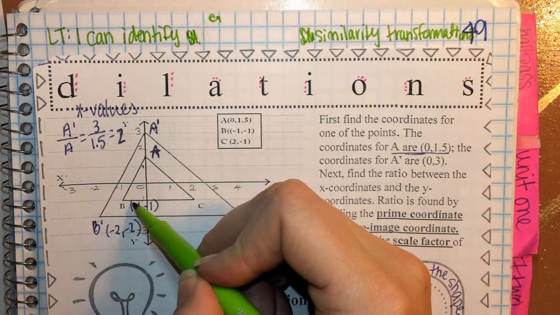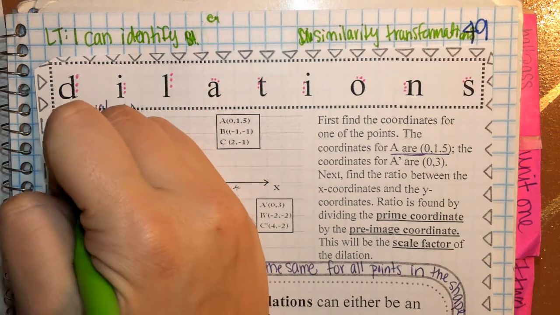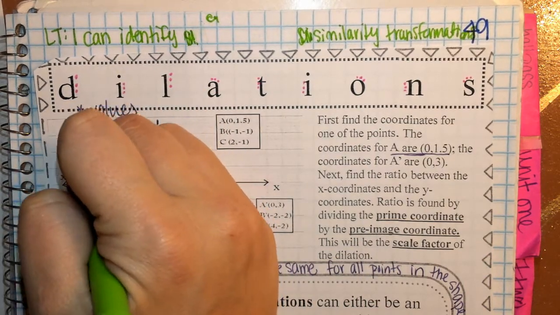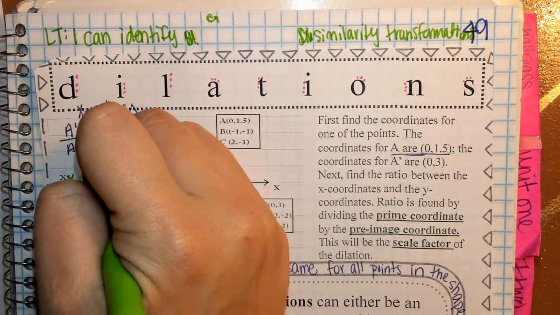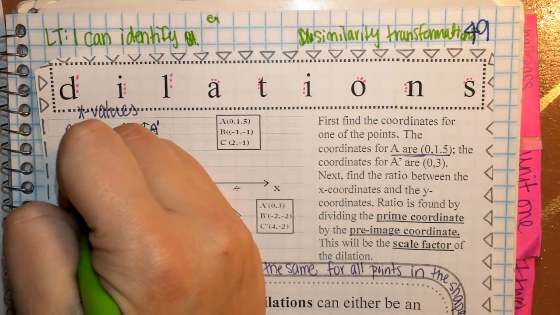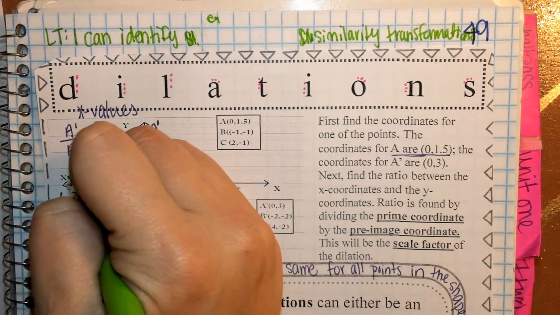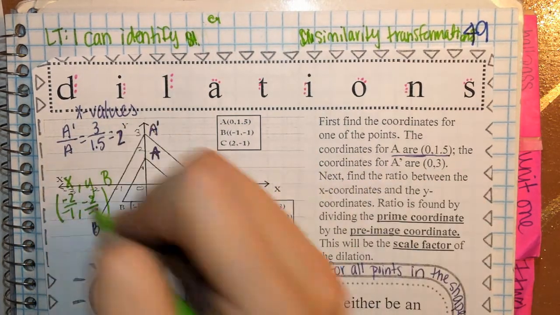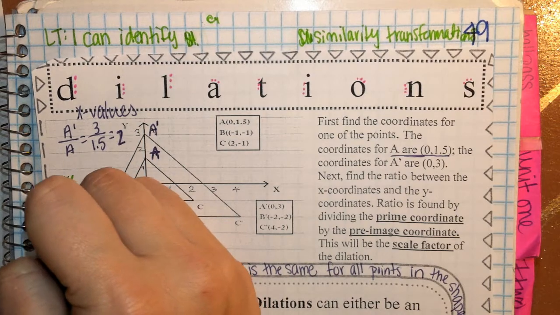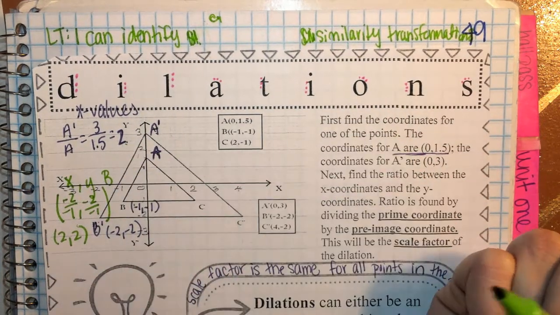So B prime divided by B. And I want the X. Okay, so this is X and Y of B. So I'm going to do -2 divided by -1. Well, what's -2 divided by -1? 2. So my scale factor is 2, just like it was here.